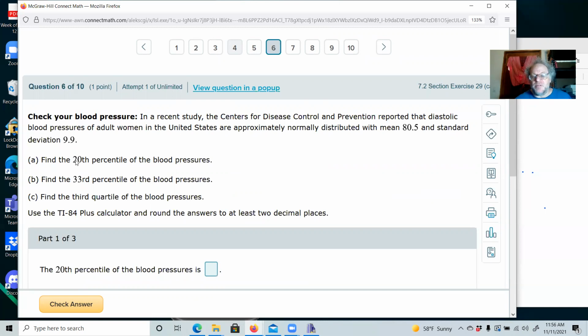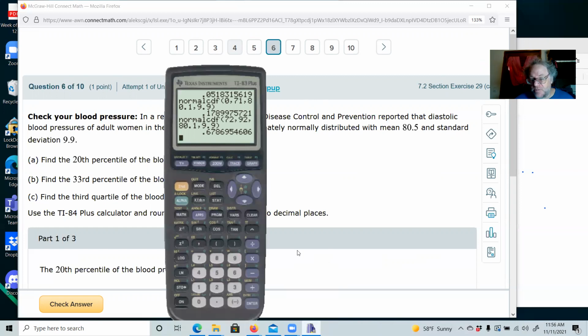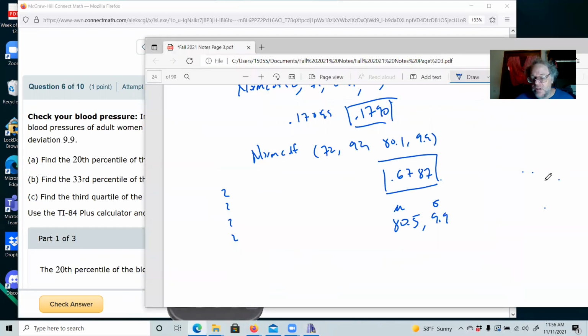In the previous problem, it was, here's a blood pressure, what percentage fall under this, or what percentage fall over this. And by the way, if you need the probability on the right side of the curve, like what if I wanted the probability of blood pressure greater than or equal to 90?